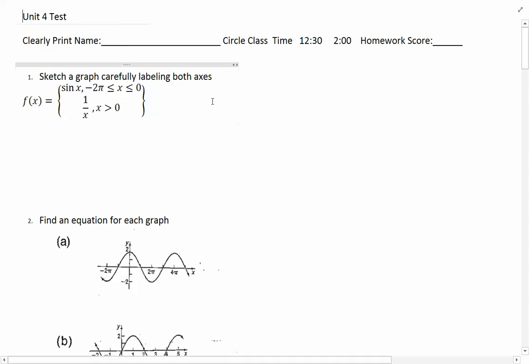So when you drew your axes, we could count by pi over 2's. You want to nicely label that. So this would be negative pi over 2, and then negative pi, and then negative 3 pi over 2, and then negative 2 pi.